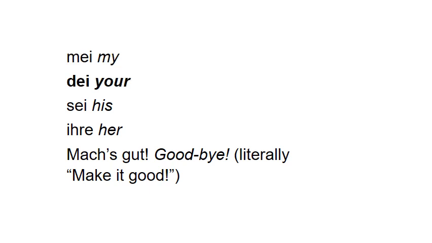The word for your, as in if you own something, is dei. Remember that EI makes the sound I in Dutch. I'll ask you a question. Was ist dein Name? Remember that was means what. Was ist dein Name?